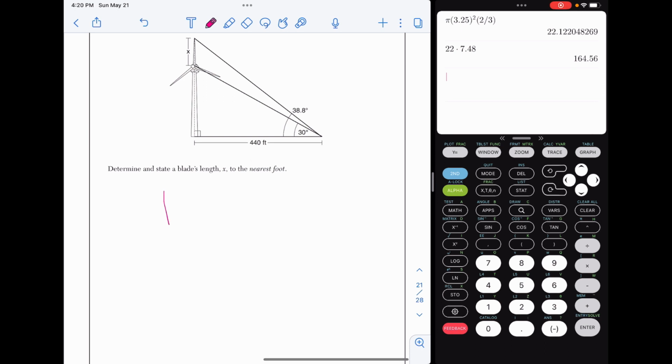So I'm going to draw the two right triangles that were given here. So there's the big one where this is 38.8. And there's the slightly smaller one where this is 30 and 440 on the bottom. But I'm going to add in a few other elements.